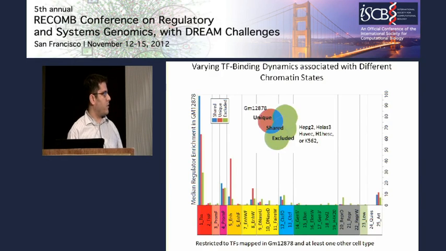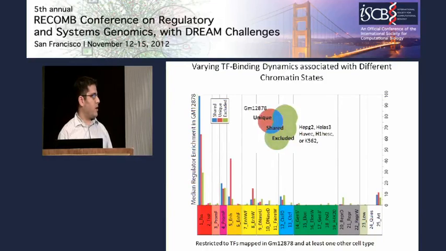In this case, we were using GM12878 as our reference cell type, and focusing on regulators which were mapped in GM12878 and at least one of these other cell types. Locations were shared between GM12878 and one of these other cell types, or excluded, meaning bound in one or more of these other cell types, but not GM12878.